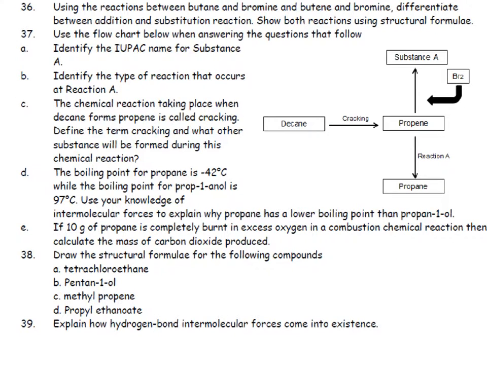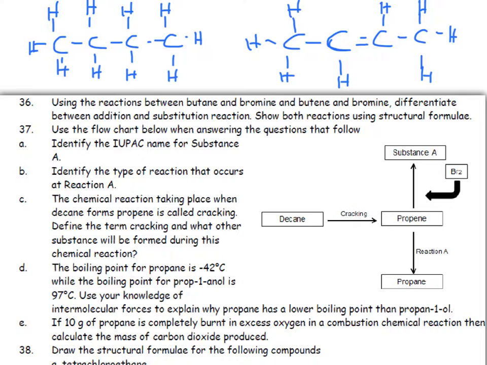Using reactions between butane and bromine, differentiate between addition and substitution reactions, show both reactions using structural formulae. So if I put at least bromine onto butane, what's going to happen is I have to substitute. I may only substitute one of those hydrogens and then get hydrogen bromide out the other side.